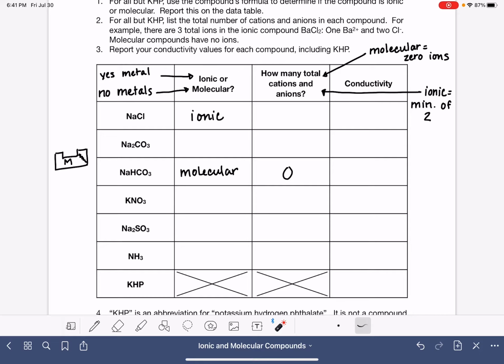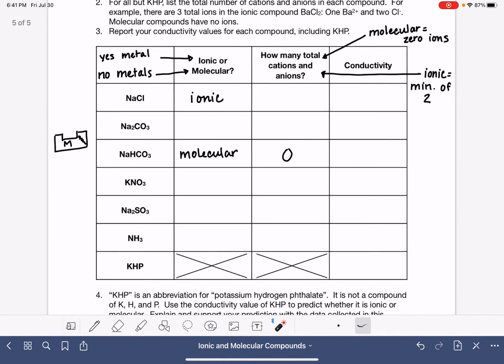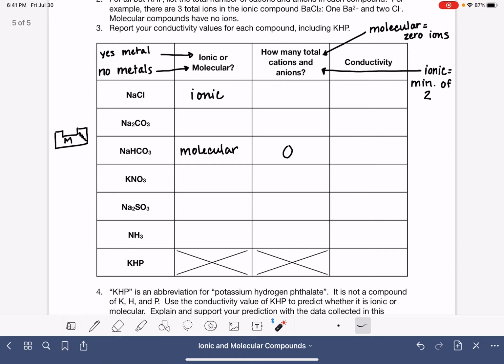So you're going to be counting up how many cations you have, how many anions you have. Now this is going to be a little bit tricky because some of these formulas have polyatomic ions in them, and polyatomic ions don't fall apart. They stay intact. So this particular compound has the carbonate CO3 2-, and that is counting as just 1 anion.